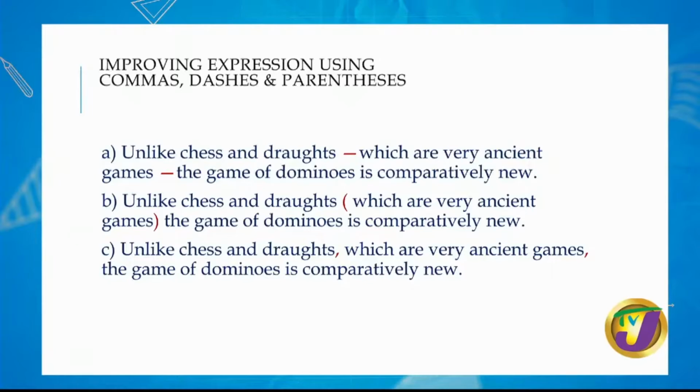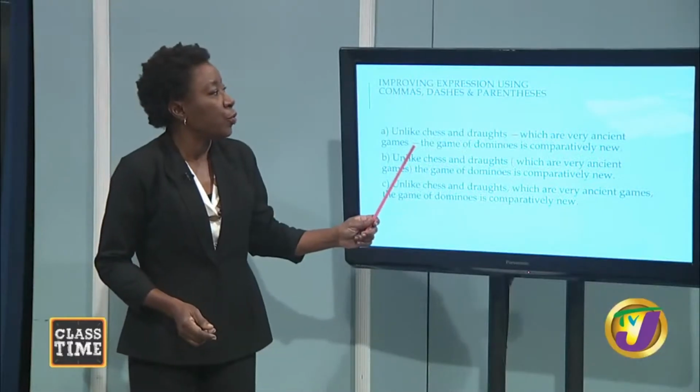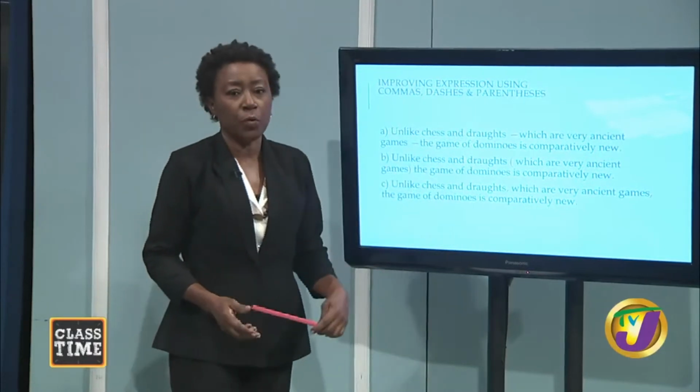It boils down to style. You know, what you really would like to use is your choice. But when you use the marks, you must use 2, not 1. Okay? To show an additional thought inserted into a sentence or an expression, you use 2 of those marks.